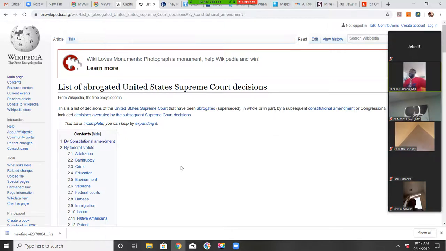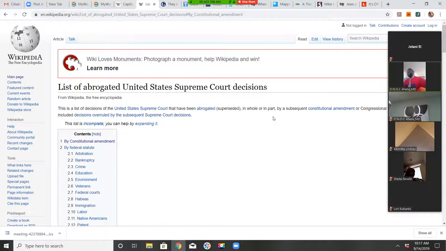So, one thing that we need to understand about the Dred Scott, which was a Supreme Court case that was superseded or abrogated. When you use the word abrogated or superseded, it gives you an option. You get the option to either in whole or in part.